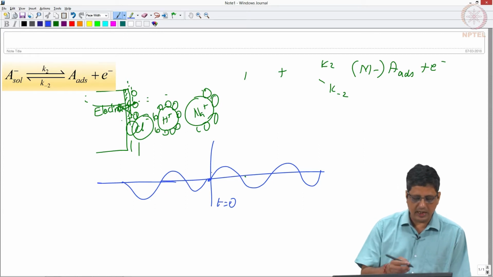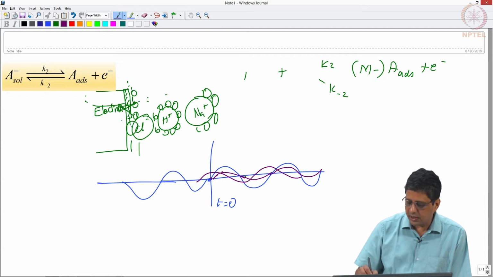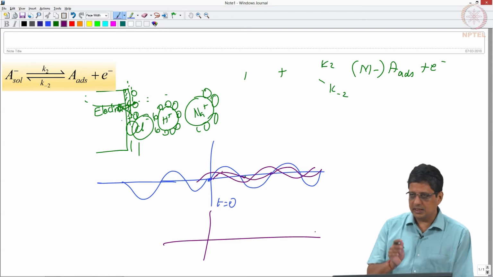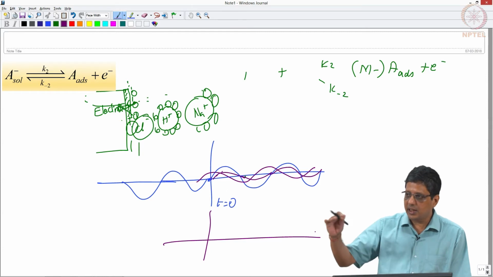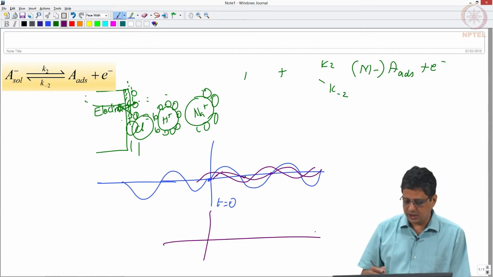So, the potential goes like this, the current will not necessarily go with the same phase. If it goes with the same phase, this is how it will look like. Current may also show a phase difference. Theta will usually show a phase difference, unless the parameter values are aligned such that whenever one rate constant increases, the other rate constants also move in such a way that the fractional surface coverage does not change.